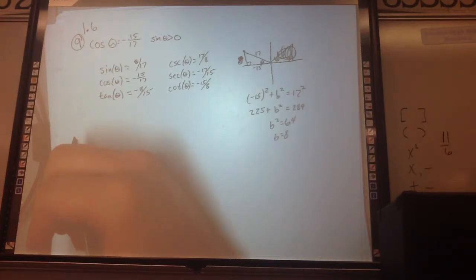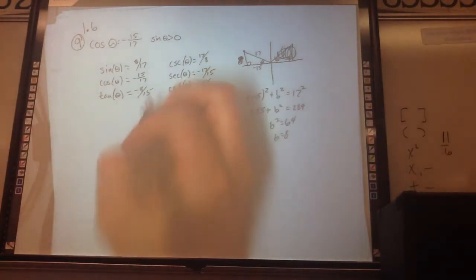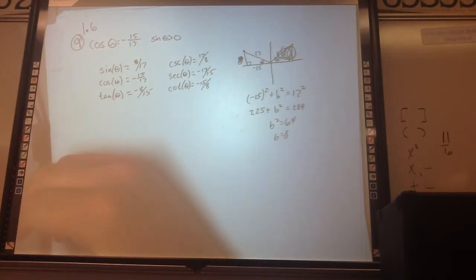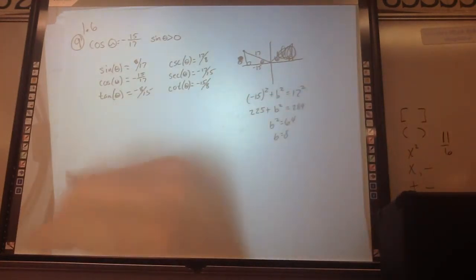Why the confused look? Negative 8 over 15 for tangent, because the 15 is negative. Oh, you just put it on top.